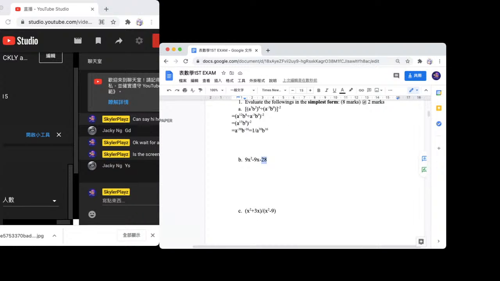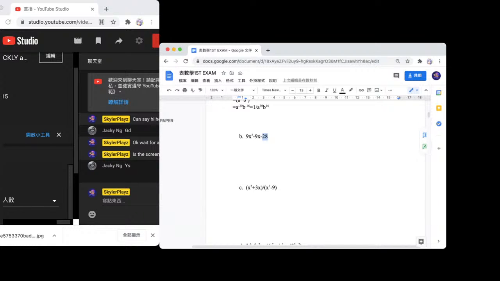Then we move on to the second question: 9x squared minus 9x minus 28. First, we open our calculator. Make sure that you are in mode 1 and press the formula 01. For a, we type 9, just copy down the coefficient of x squared. B, the coefficient of x, then -9.